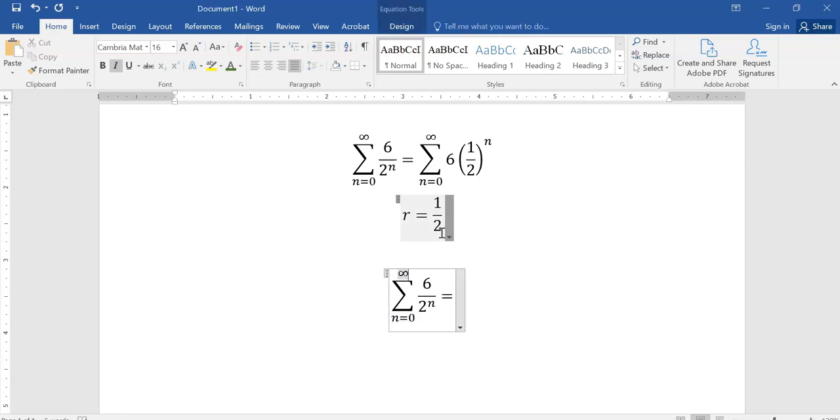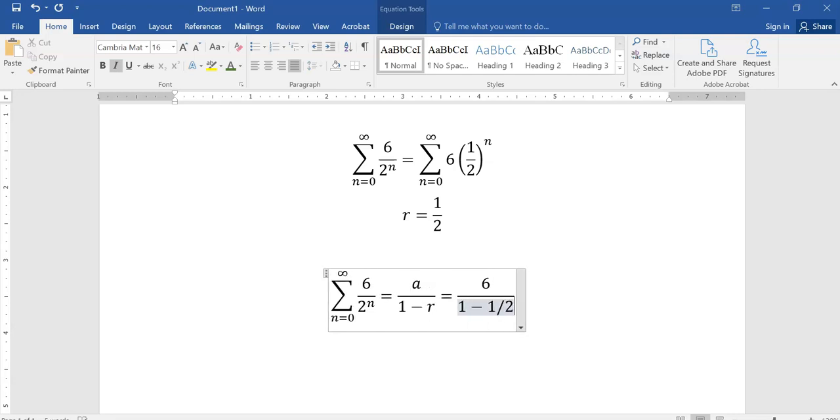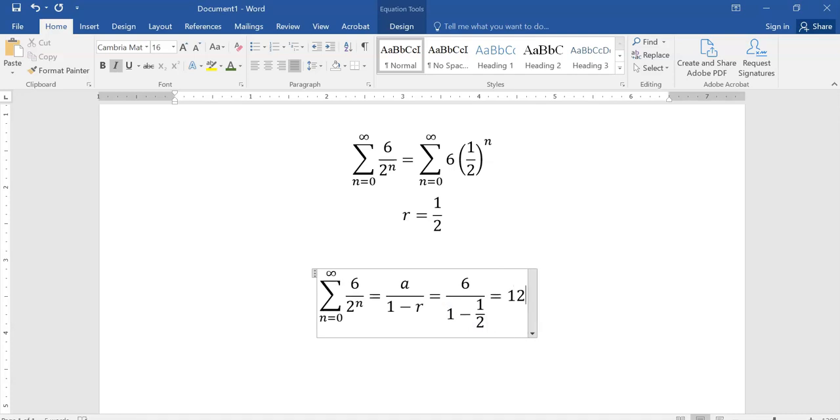So I can use my algebraic calculation formula of saying, let's take a over 1 minus r. In this case, that's 6 divided by 1 minus 1/2, which when you calculate the whole thing, you end up with a 12.